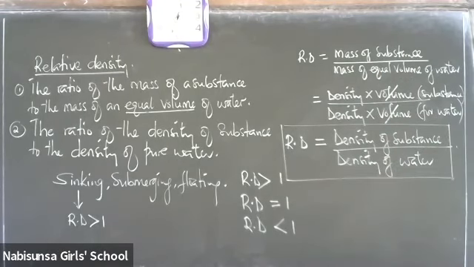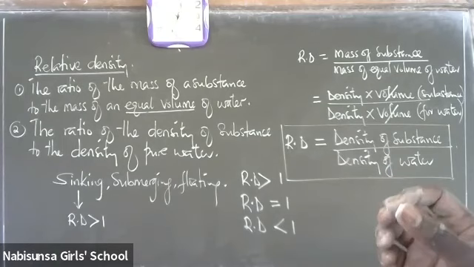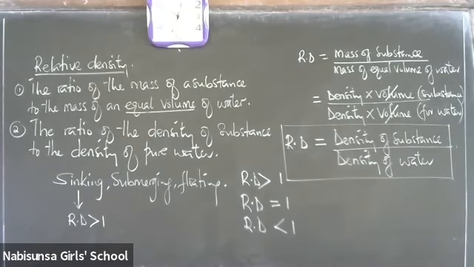Then we ask you, how can you quickly help her to know that it is either gold or not gold? Temporarily, because there are many rocks which are denser than water. So sinking may not be enough to say it is gold, because even copper will sink, diamond will sink, and so on. But once it floats, then it can never be gold, because gold is denser than water.